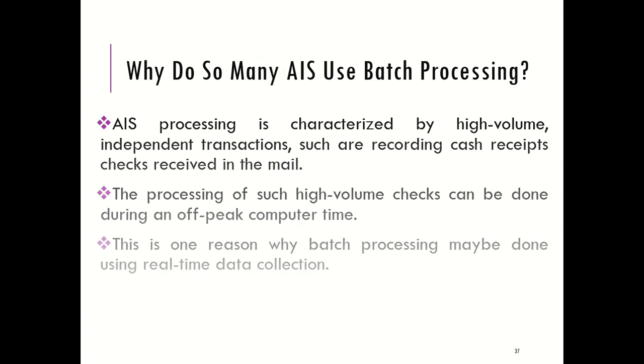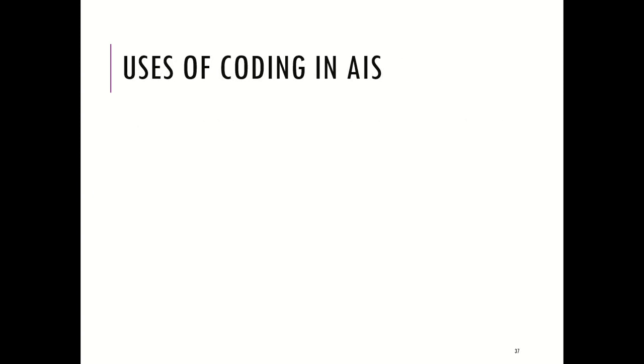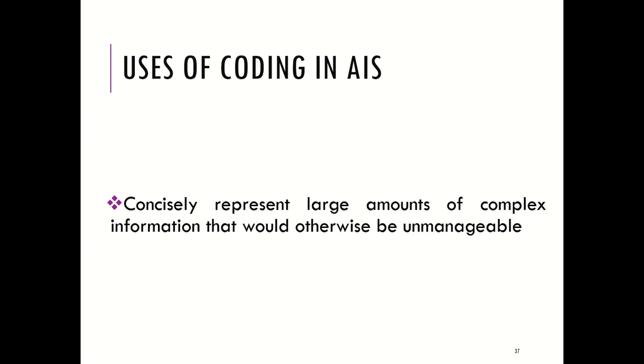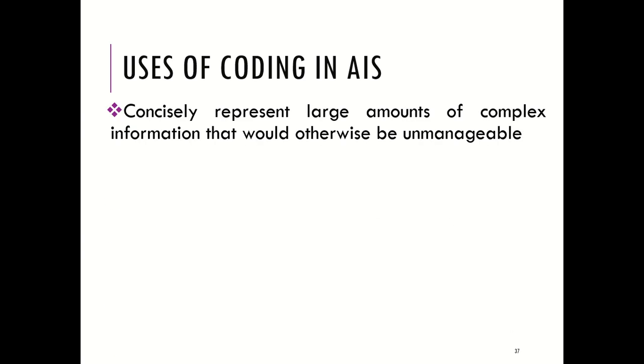Okay. So, let's now proceed with the last topic, which is all about the coding in AIS. Ano ba yung gamit ng coding in terms of AIS? Concisely, it represents large amount of complex information that would otherwise be unmanageable.